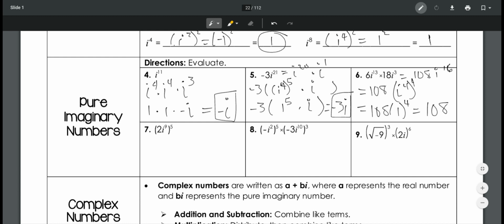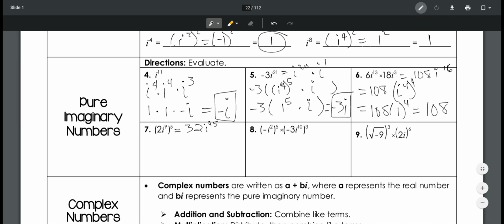When I go to do number 7, I have to raise 2i to the 9th to the 5th power. So 2 to the 5th is 32. i to the 9th raised to the 5th is i to the 45th power. Now, I need to break down that 45.